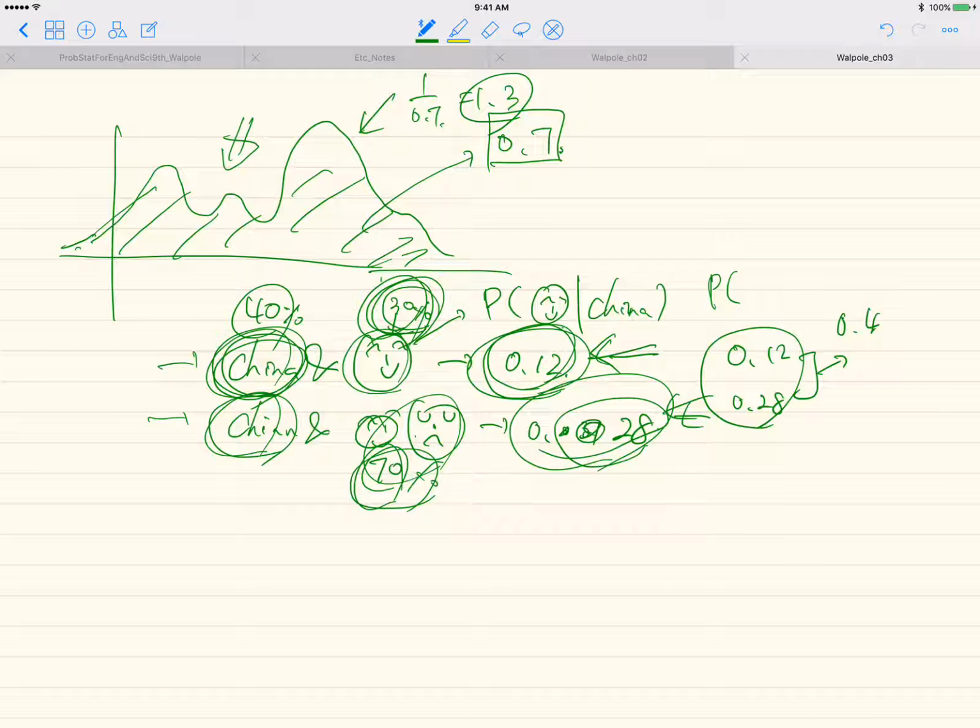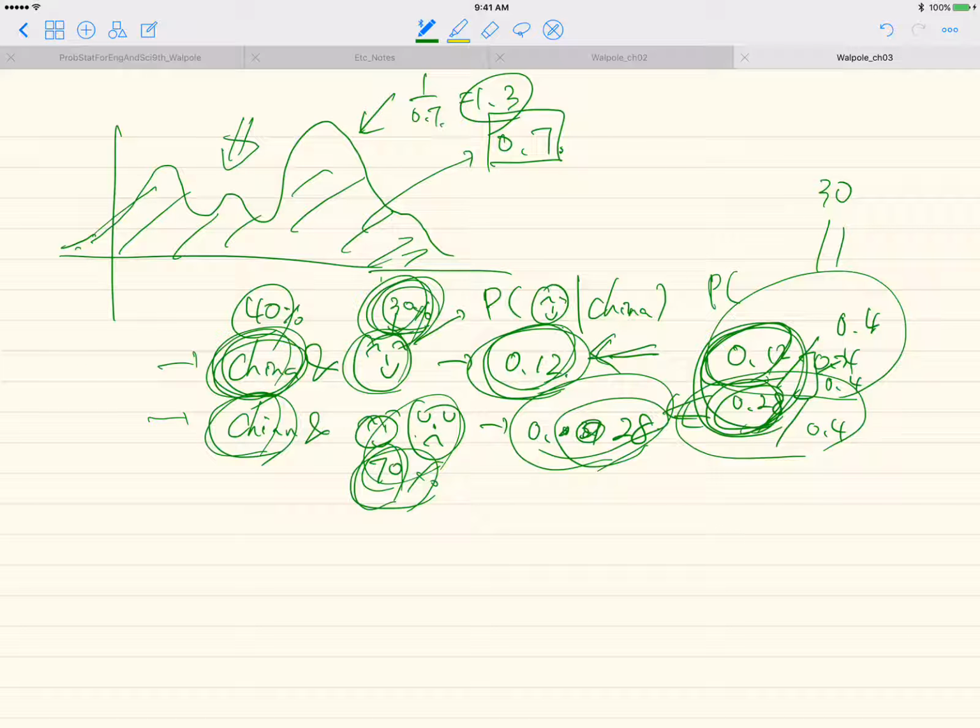So in order to make this the correct marginal probability, we have to divide these values by 0.4, which is the total sum of these two values. Then this value will be 30%, and this one will be 70%.